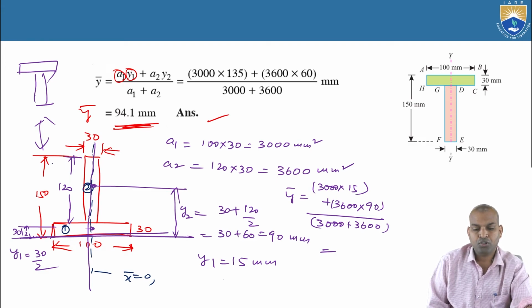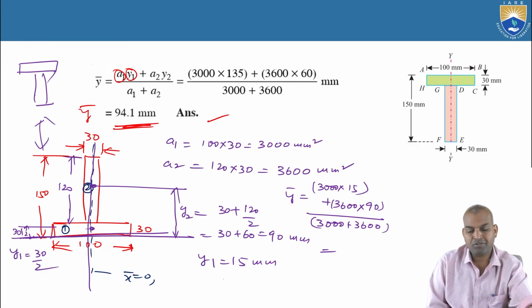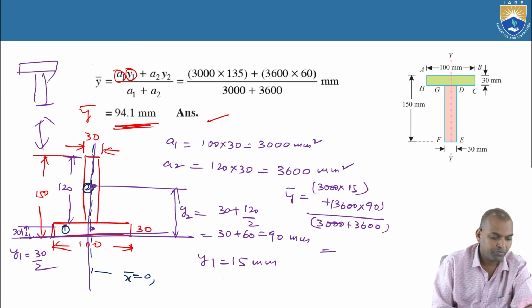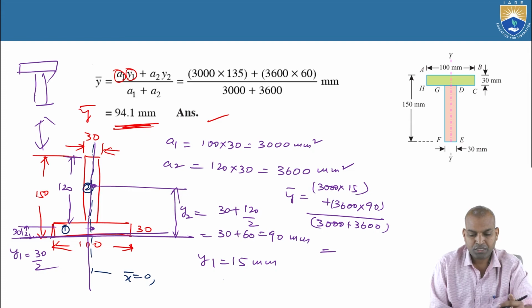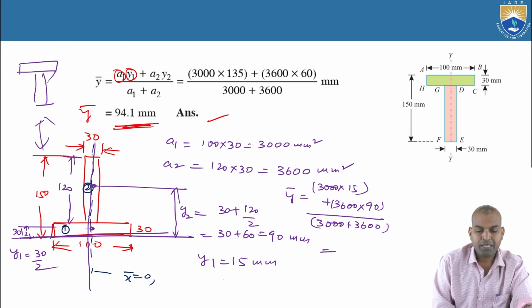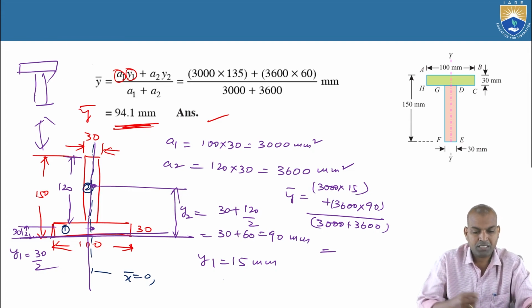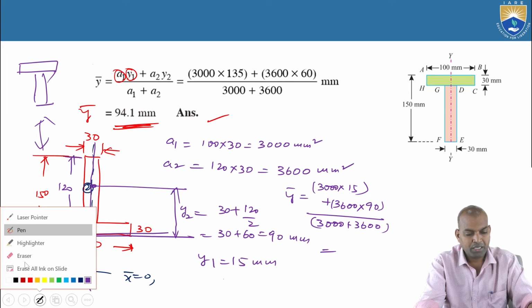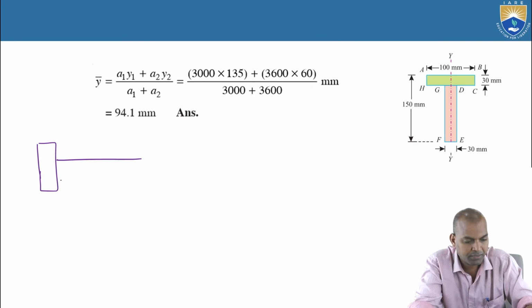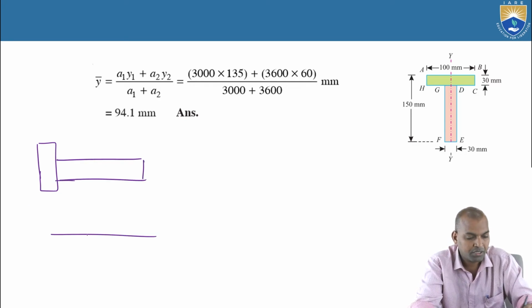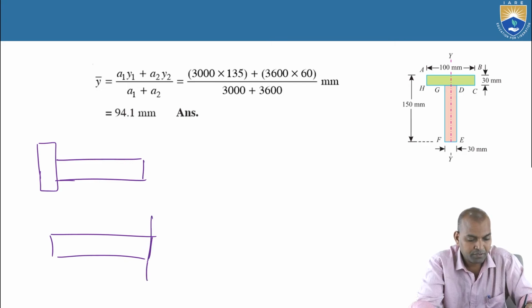So this is the method of calculating the centroid of plane figures. Similarly, for the sections symmetrical about the horizontal axis, you can calculate as an assignment, and you can also find the centroid of the horizontal T section.